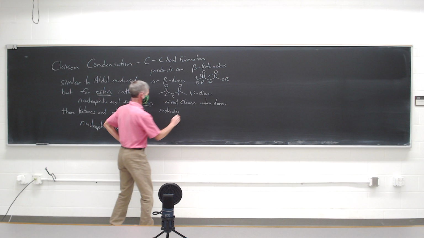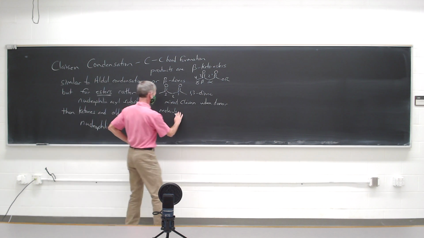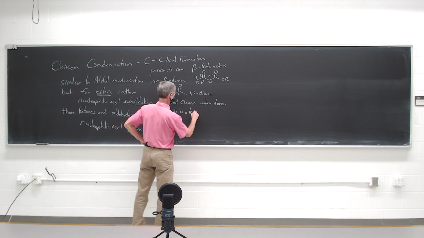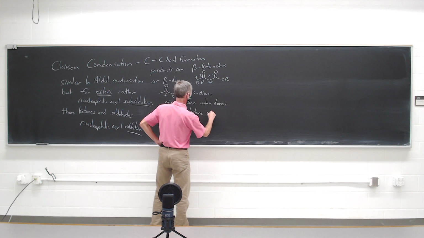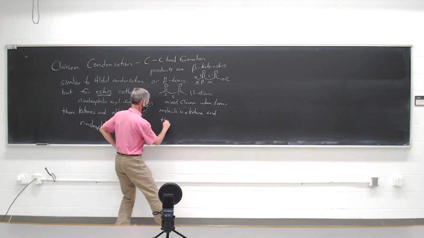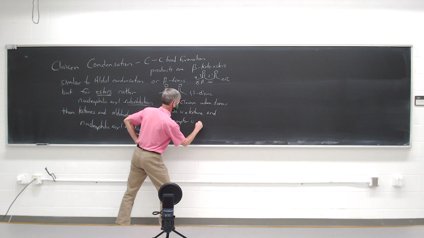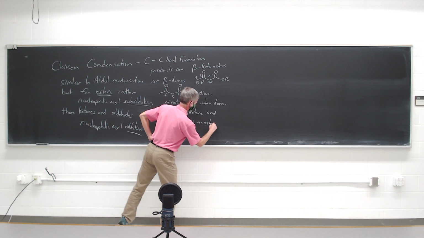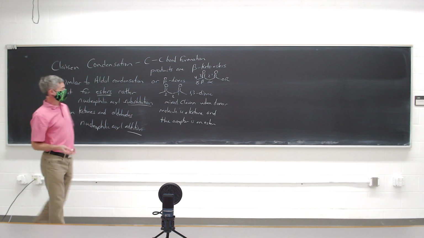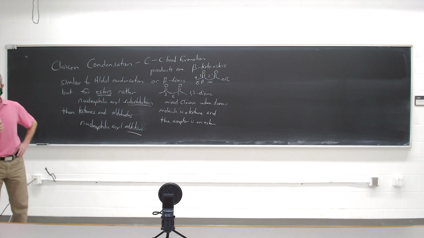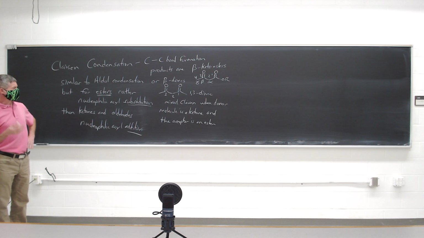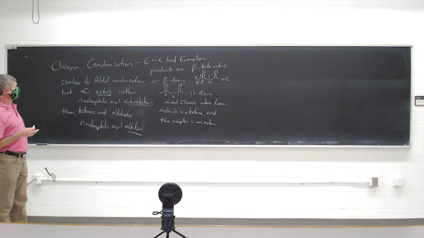That happens where you have the donor molecule be a ketone and the acceptor is an ester. And we'll talk about why that kind of mixed Claisen condensation is a good reaction when we get into the methods.